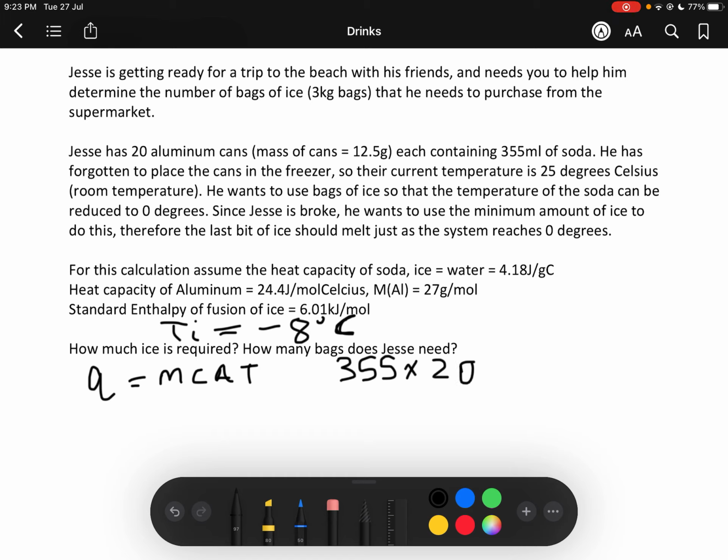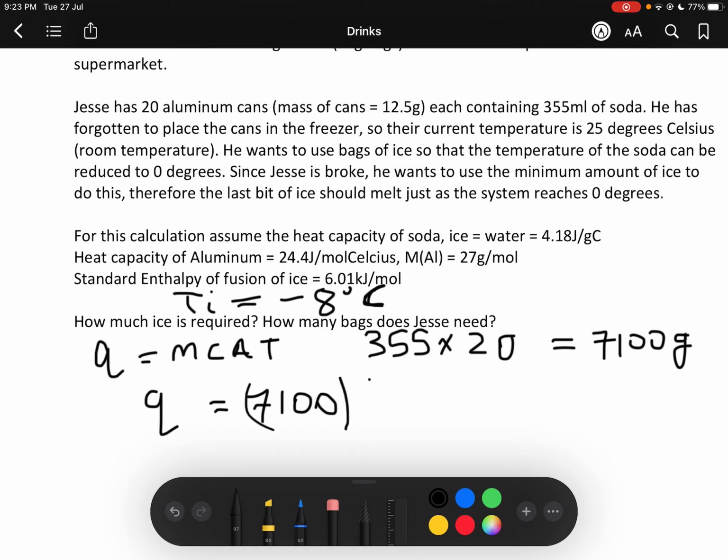So 355 times 20 gives us 7,100 grams. So we can say that Q is equal to 7,100 times the heat capacity, which is 4.18, times the change in temperature, which in this case would be -25 degrees Celsius.